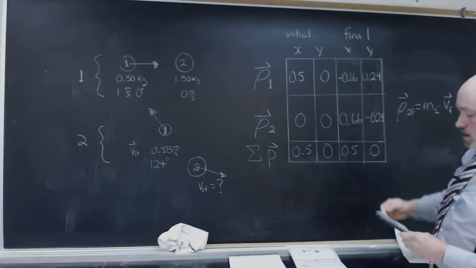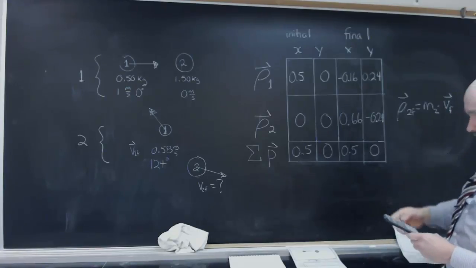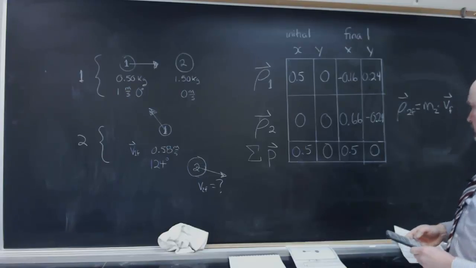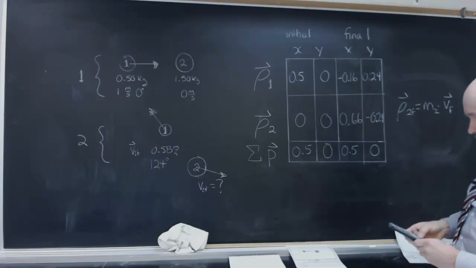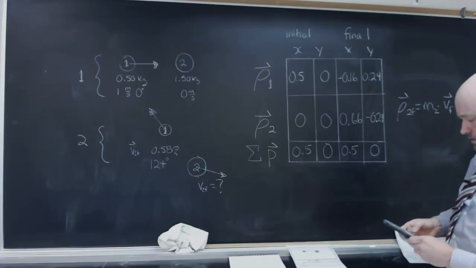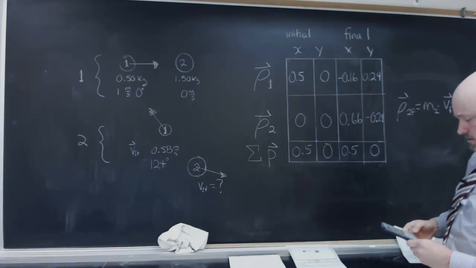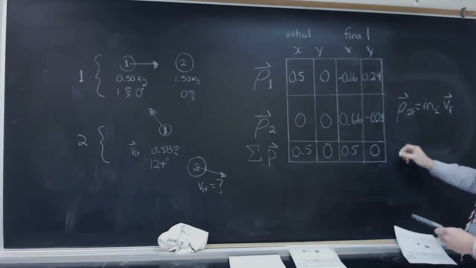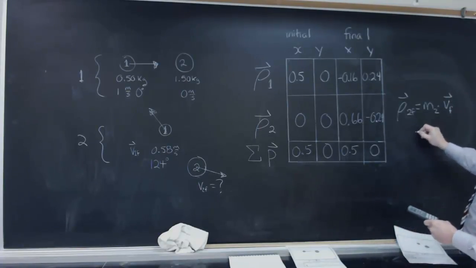I've got my x and y. Arctan is going to be the easiest thing, so I'm going to do the arctan of negative 0.24 divided by 0.66, and I get negative 19 degrees. So my direction is negative 19 degrees.